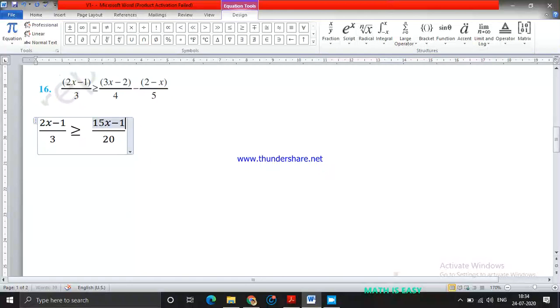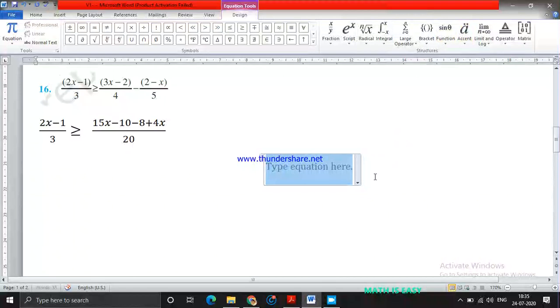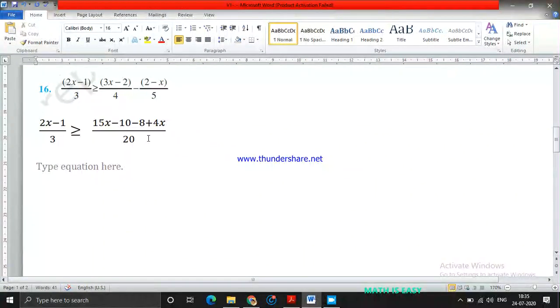minus 5 times 2 is 10. Then this 2 minus x will multiply with 4 including the minus, so minus 4 into 2 is minus 8, minus 4 into minus x will be plus 4x. So I have done the direct step. Next step, this term will remain as it is.